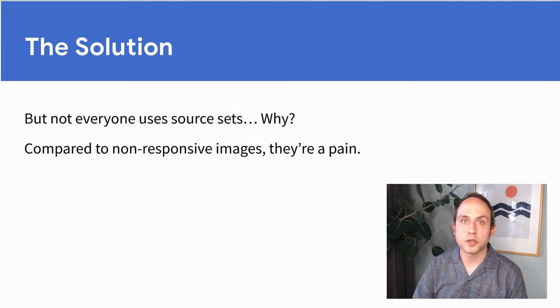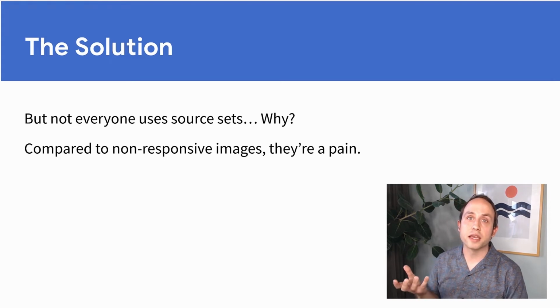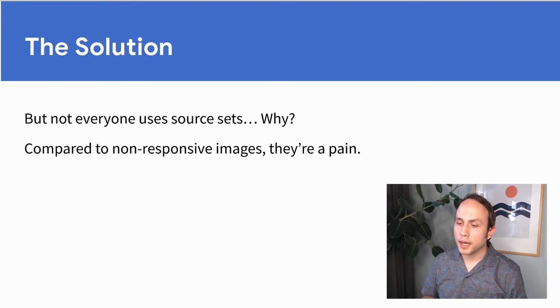That's something that not everyone is familiar with. And then also, importantly, having an image hosting strategy that actually supports having different sizes for each image. And that can be something else that needs to be configured.